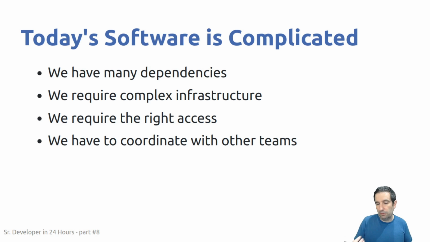There is a lot of effort trying to get self-service up and running so that teams can provision their own infrastructure, their own databases, their own projects on the cloud, things like that. But at the end of the day, we still have to coordinate with other teams. We might also have to coordinate with other teams that are still building components that we're going to depend on. So all of those things have to be taken into account as we are trying to make our application work.